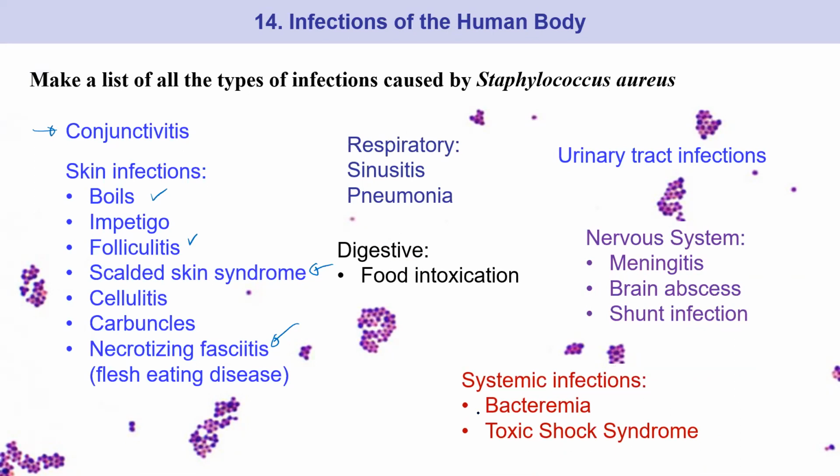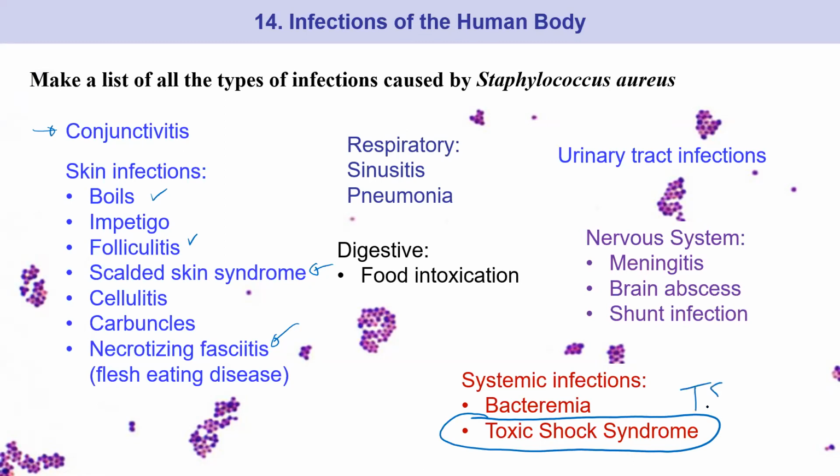Bacteremia means infection of the blood, and the big one that is an issue is toxic shock syndrome. That's the one that's associated with tampon usage, but you don't have to be using tampons to get toxic shock syndrome. You just have to have a staph blood infection. That's the cause of it. Some of these strains have a particular toxin, which I'm trying to remember the name of.